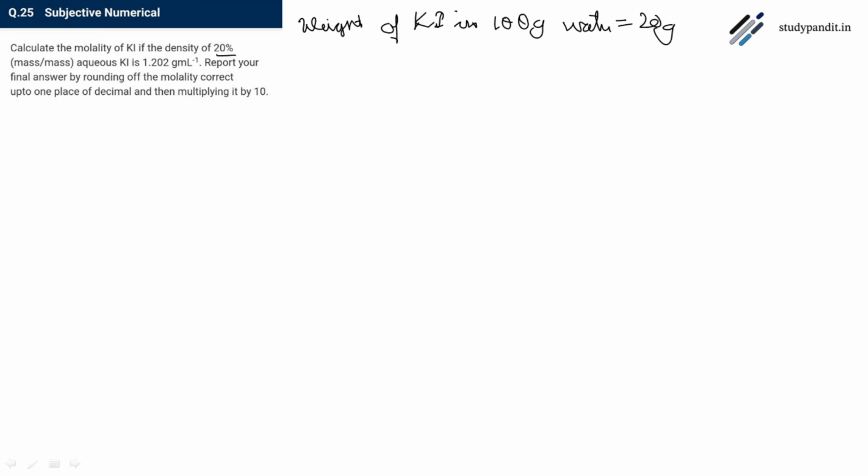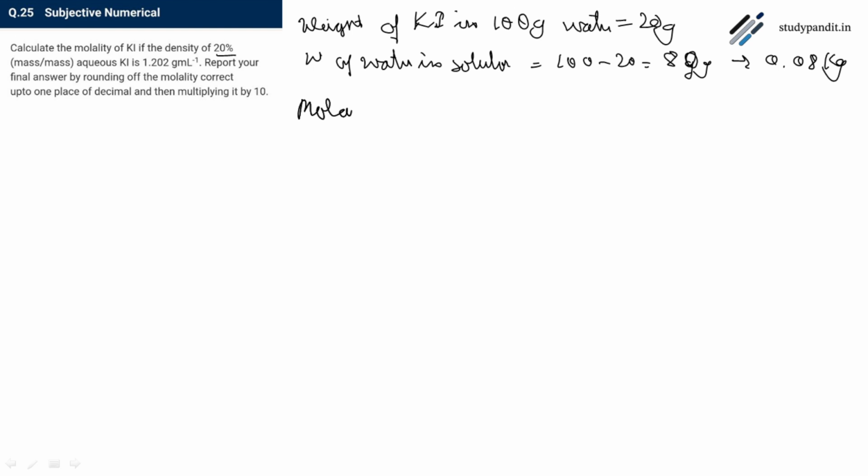So, weight of water in solution is equal to 100 minus 20, equal to 80 gram, which is equal to 0.08 kg. Now, molar mass of KI is equal to atomic mass of K plus atomic mass of I, equal to 166 gram per mole.